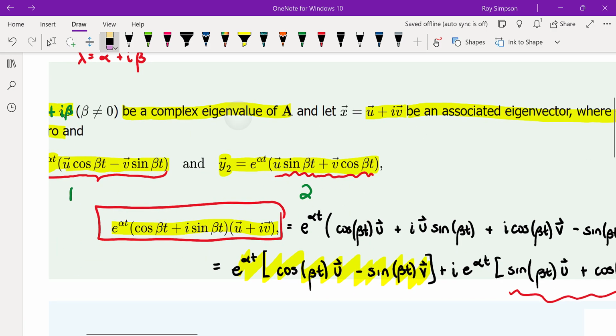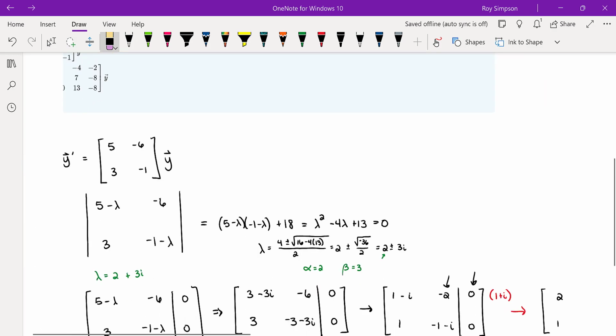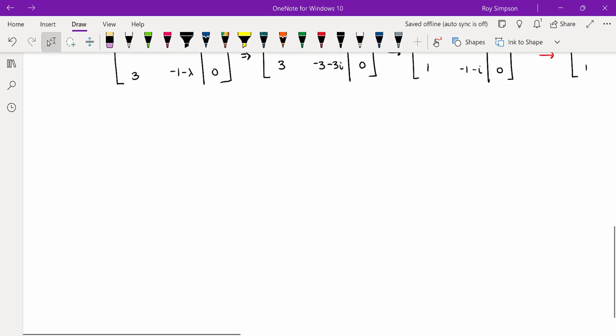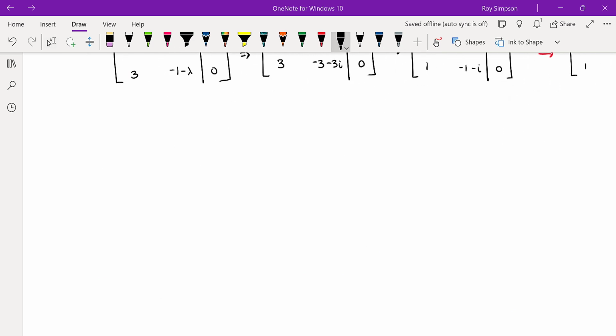Now I happen to know my solution without looking. I'm not going to look at the format they've provided. I just know that my solutions should be of the following form.